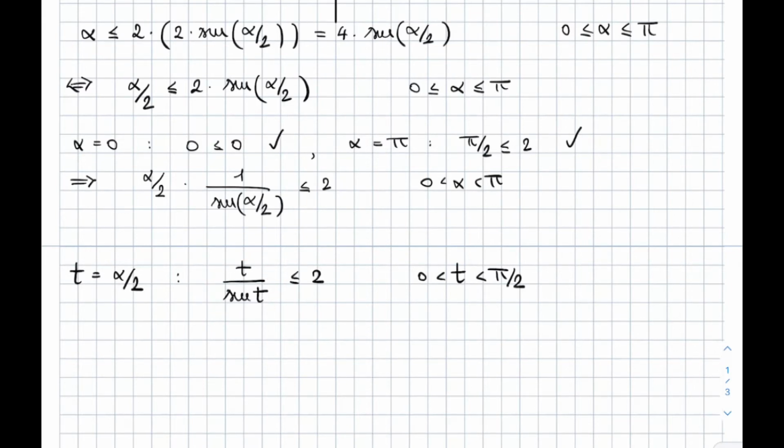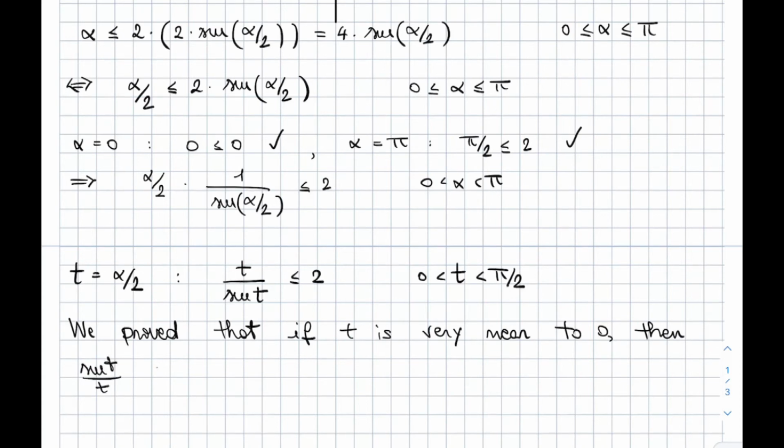However, we proved that if t is very near to 0, then sine t divided by t is very near to 1.